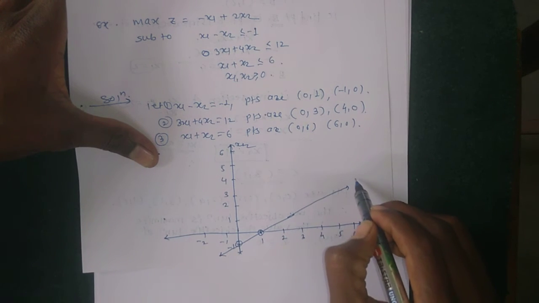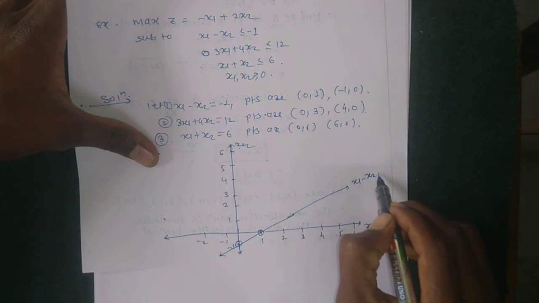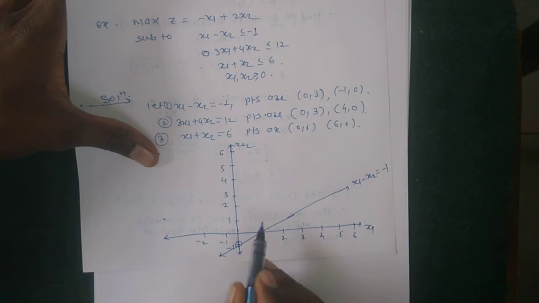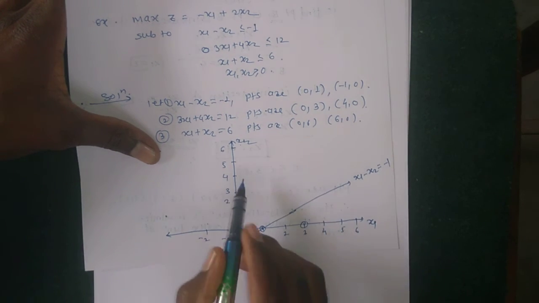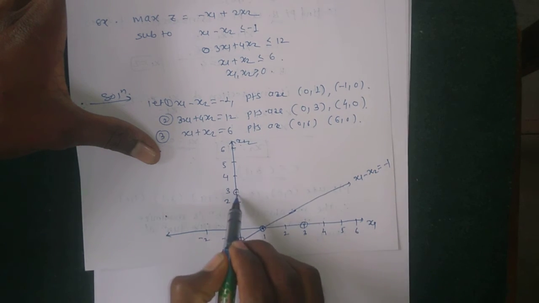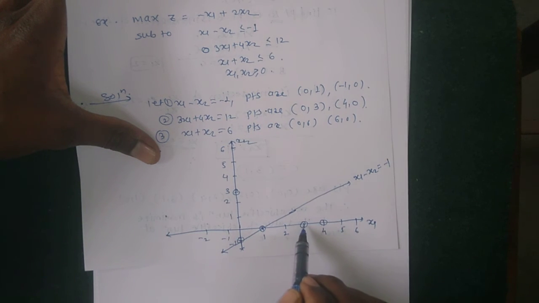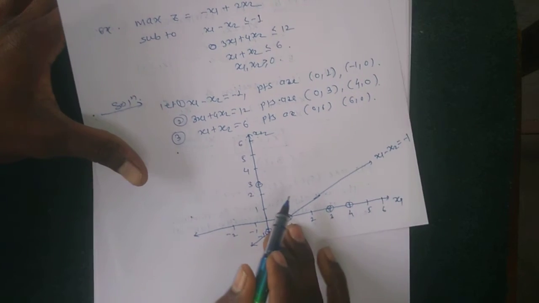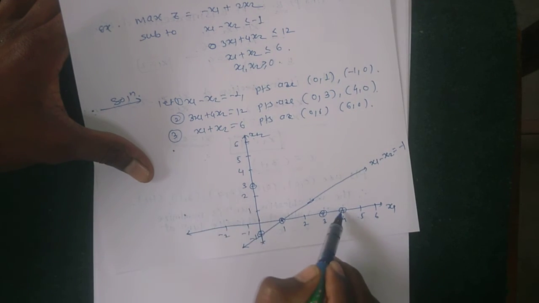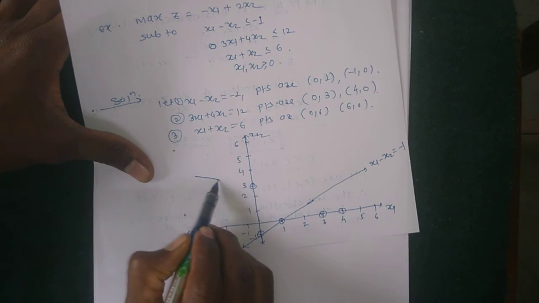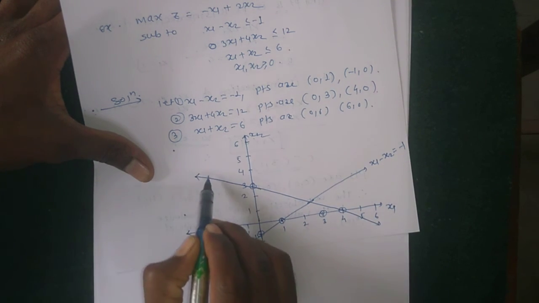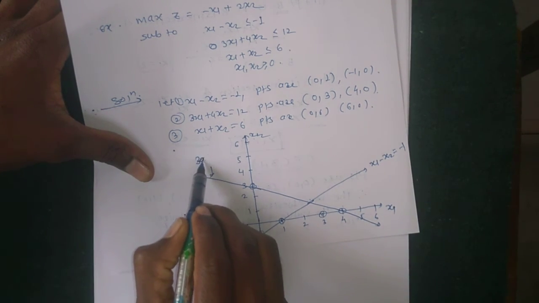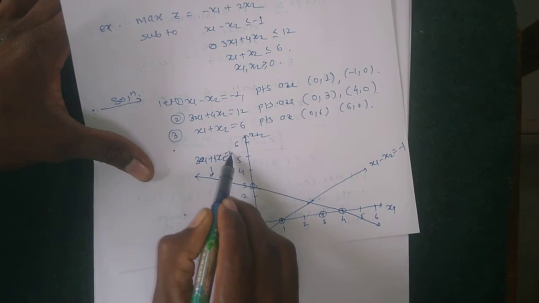This line is x1 minus x2 equal to minus 1. Then next is 0 3 and 4 0, so the line is in this way. This line is 3x1 plus 4x2 is equal to 12.